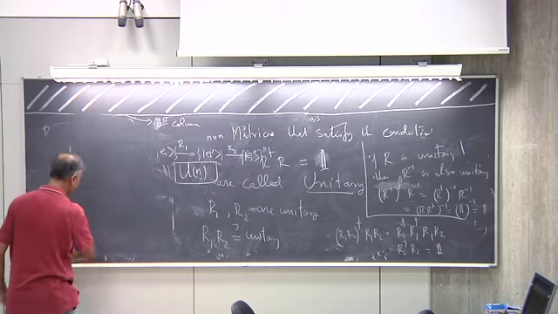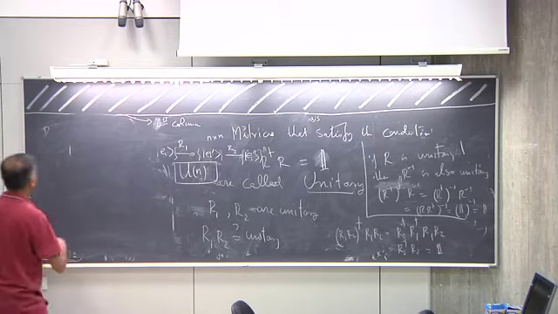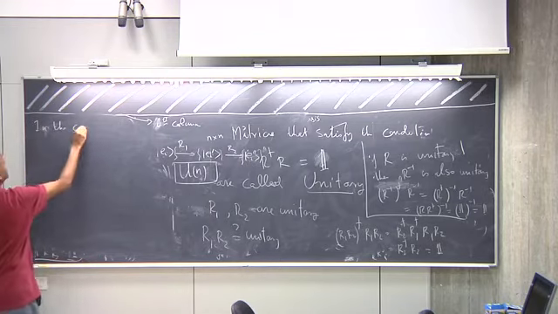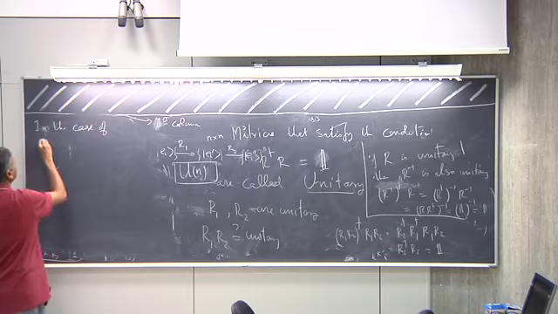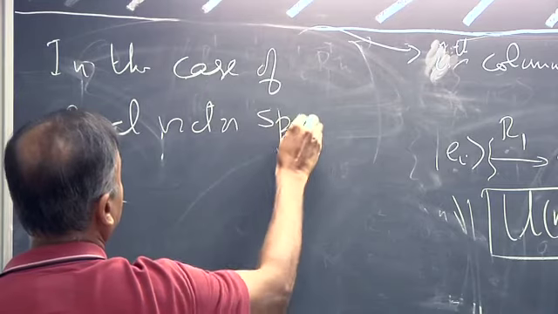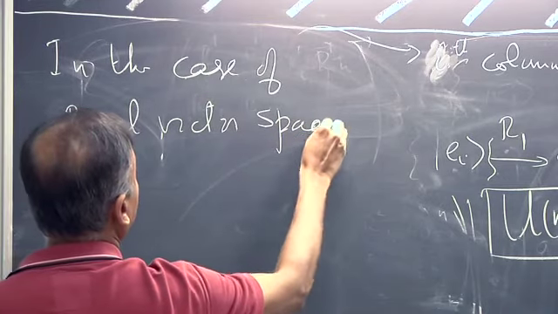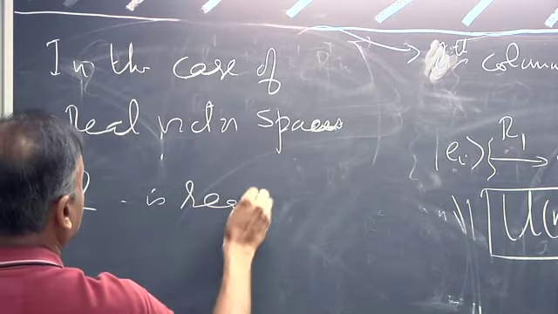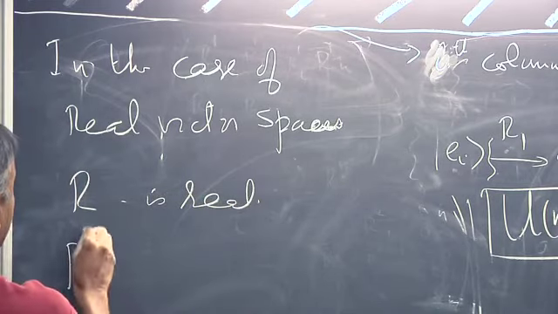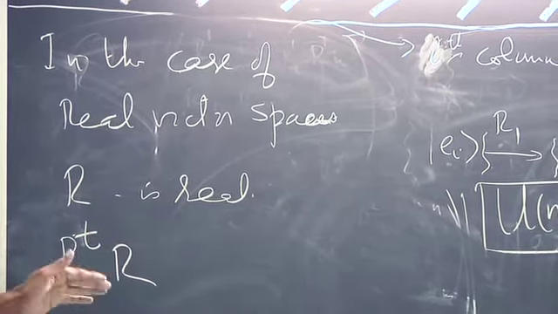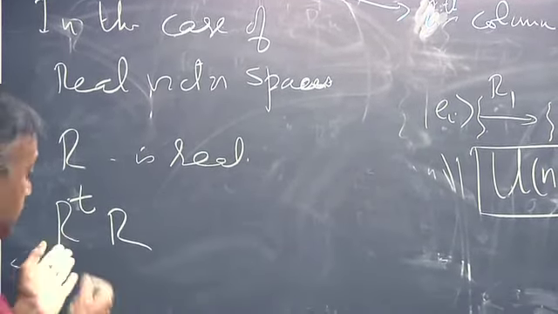For example, let's see the case of real vector spaces. The matrix R is real, and then this equation R dagger R is the same as R transpose R, because complex conjugation doesn't do anything when the matrix is real.